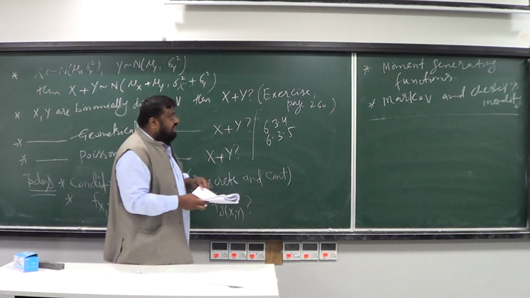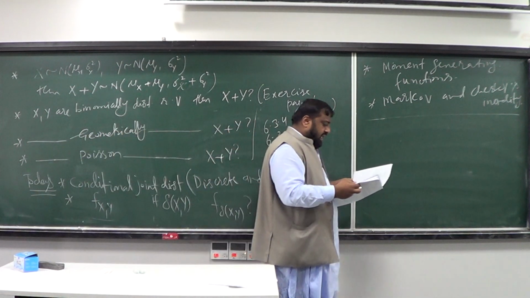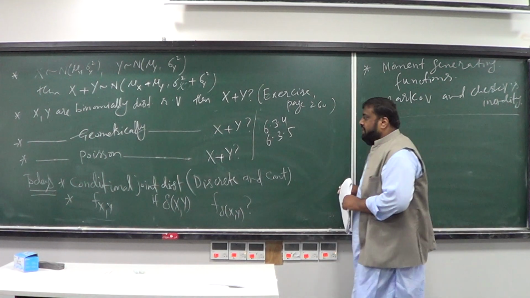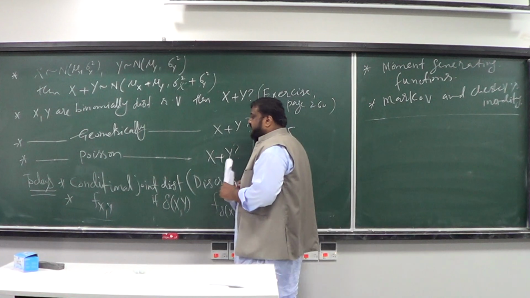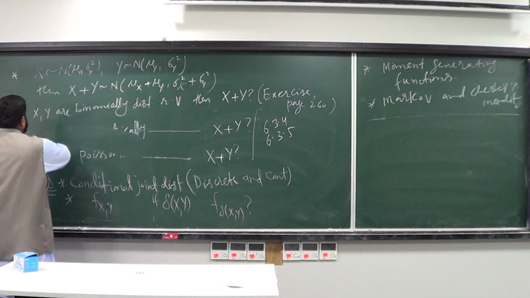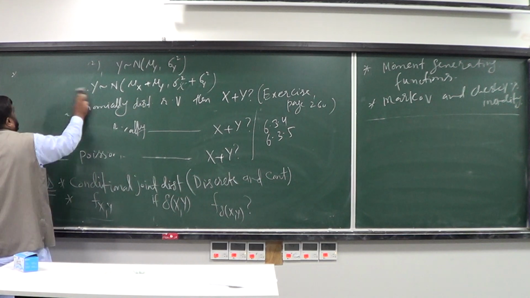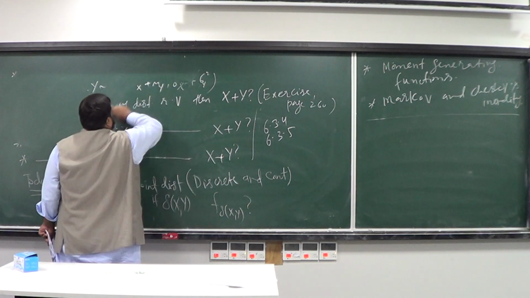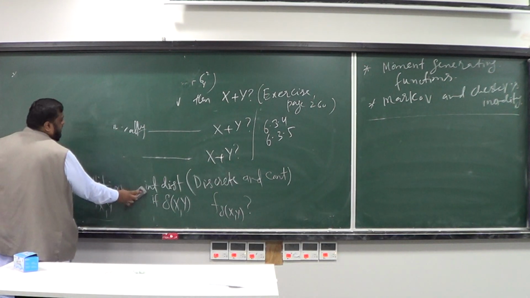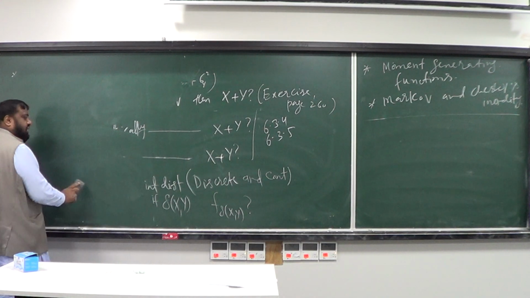So let's just start with the conditional distribution. The first thing that you should be asking is that, as for X and Y, you have a joint PDF, so do you have a notion of a joint conditional PDF?